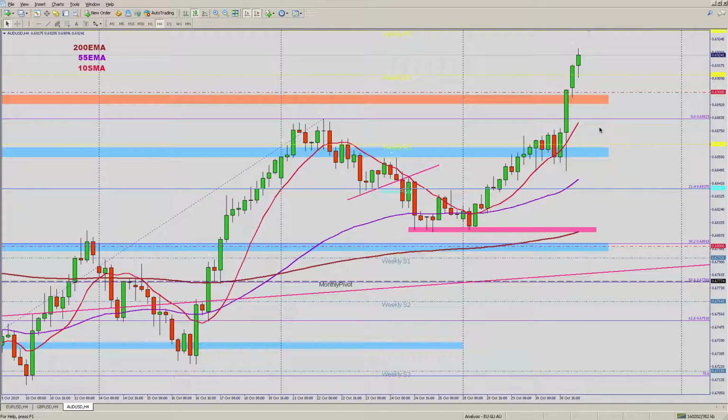So it's also exposed to the US non-farm payroll report tomorrow, and we'll see what the impact is for all the major pairs.